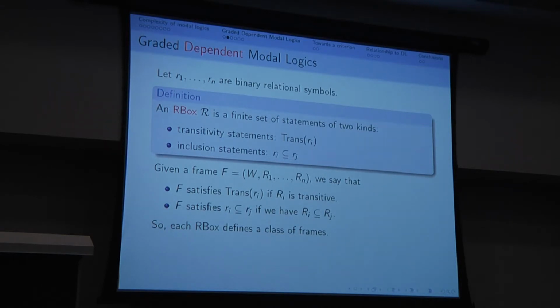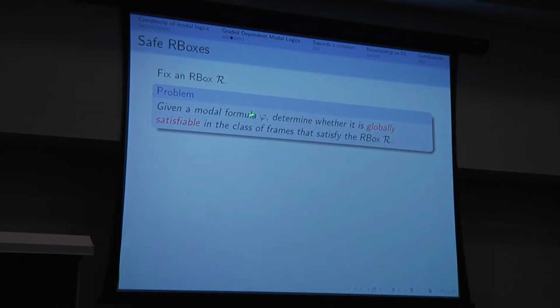And so by now we have a language. We can build formulas with syntax and semantics. We have classes of frames. So we can formulate a problem. Fix an RBox. Given a modal formula phi, is it globally satisfiable in the class of frames determined by that RBox R?